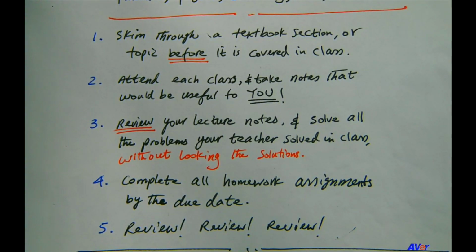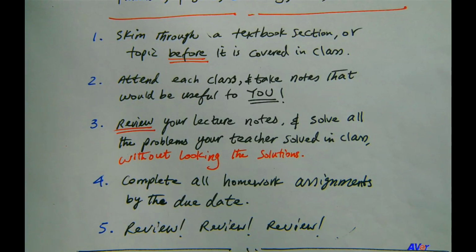Before that, as usual, please let me remind you to read through section 5.1 before you watch this video and before you attend class. Again, that doesn't have to take a long time. Skimming through any section should most likely take you 30 to 45 minutes.